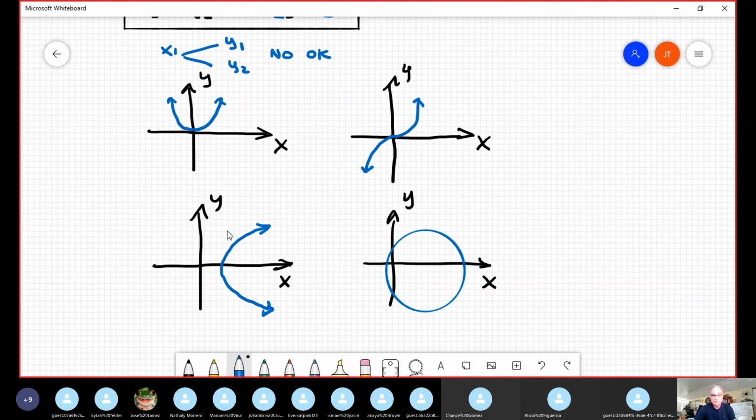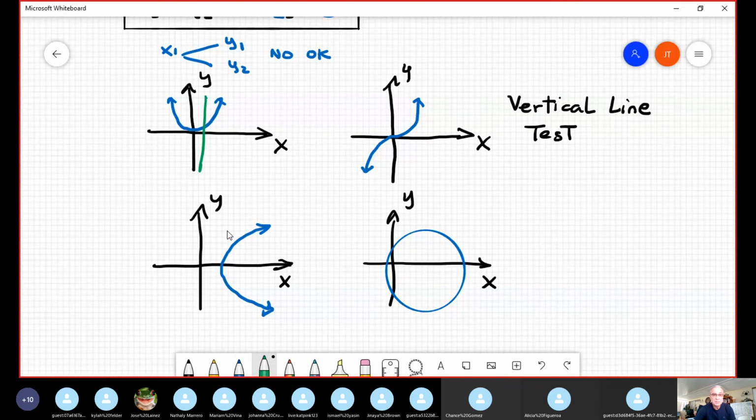So to determine if it is a function or not, we apply one important thing called the vertical line test. Okay, by the way, it's the same as the definition of the function, but in another way. So basically, you are drawing a hypothetical vertical line, like that.